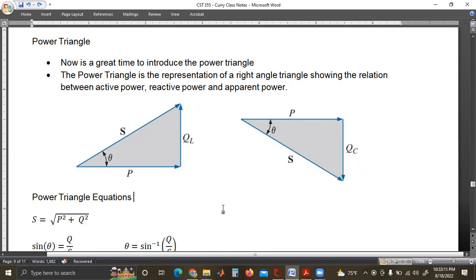If I were to write this out in a formula, it would look something like this.